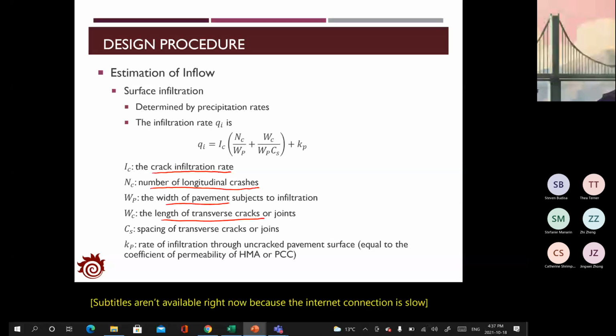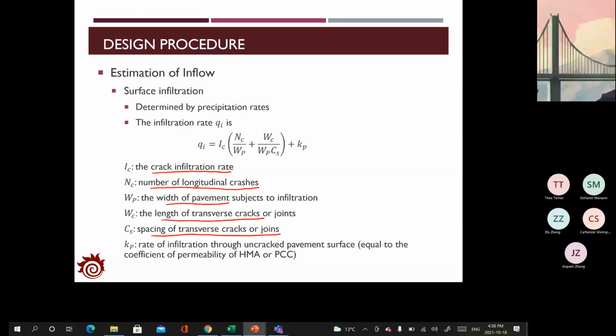And also it has a last factor, Kp, which would be the rate of the infiltration through the uncracked pavement surface. This is usually related to the aggregates applied for the different types of the pavement layers. The waters can enter the pavement structure through the cracks. It can also enter through the smooth pavement surface.